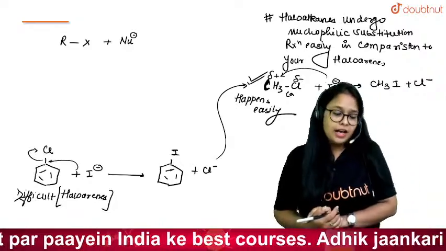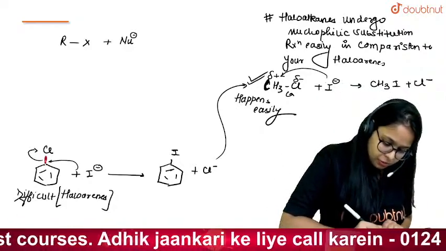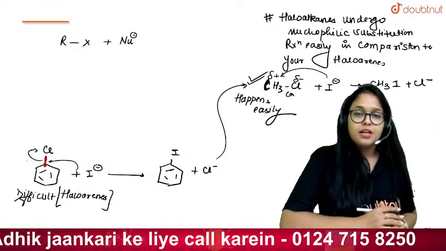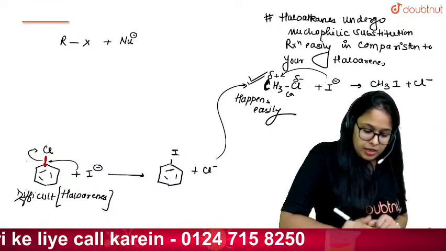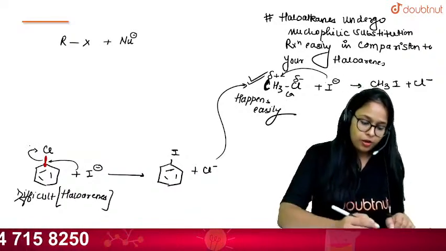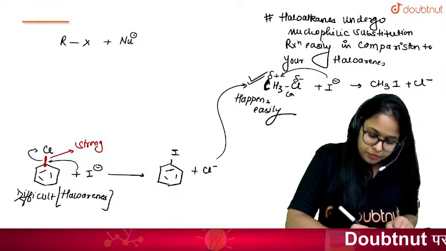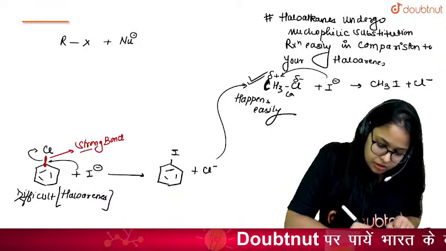The reason behind this is the strength of the bond between your chlorine and the carbon atom of the benzene, right? Since I minus cannot break this bond, you can understand the bond between chlorine and your benzene carbon is a strong bond.